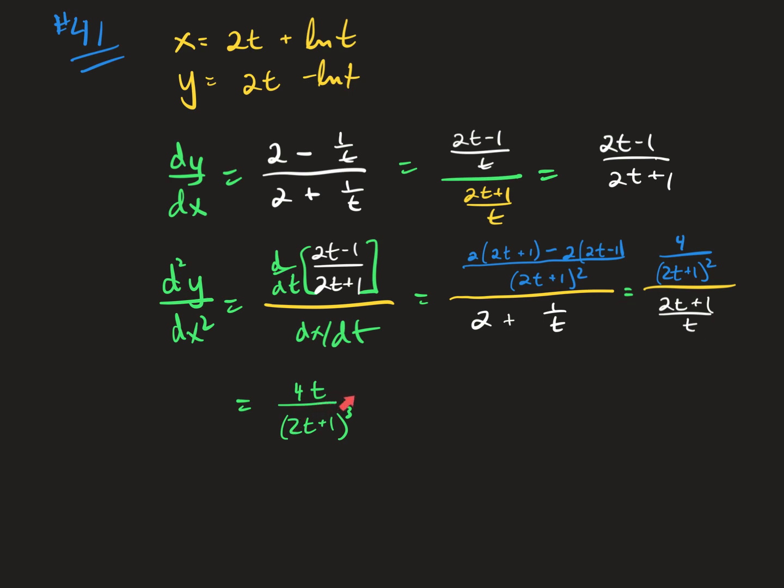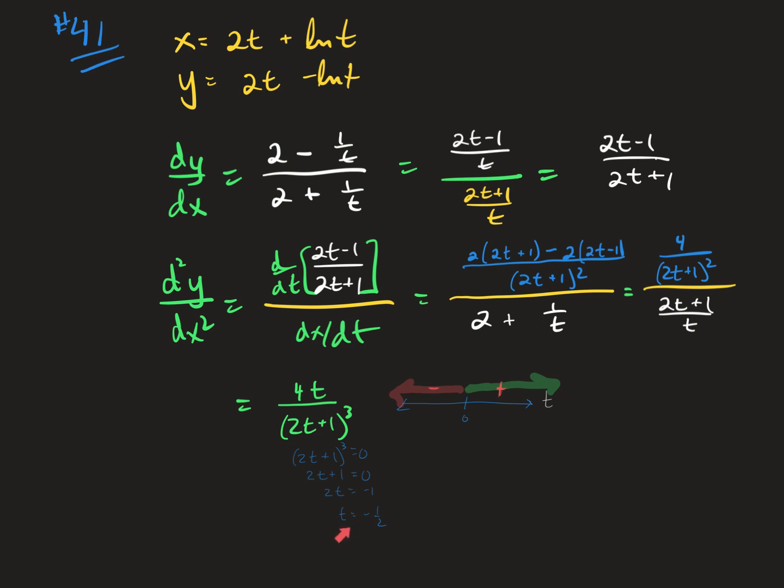All right, when is the second derivative positive and negative? It depends on whether the sign of the numerator and denominator is positive or negative. So we know that the numerator is negative when t is negative and positive when t is positive. What about the denominator? The denominator's critical value is when this is 0, which is when t is negative a half. So the denominator sign will change, possibly, when t is negative a half.